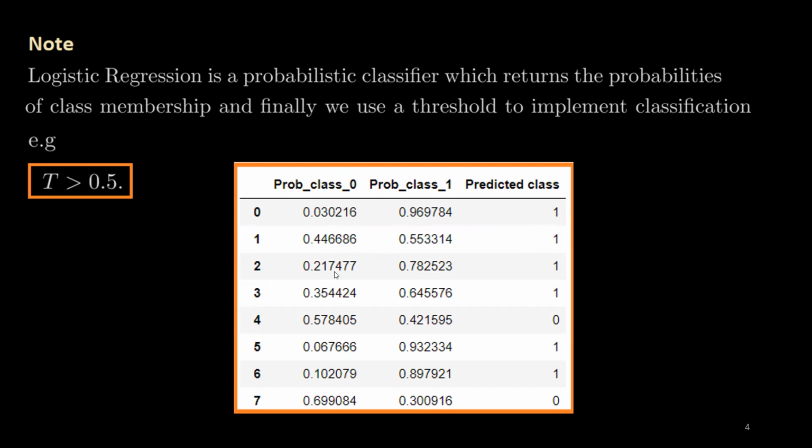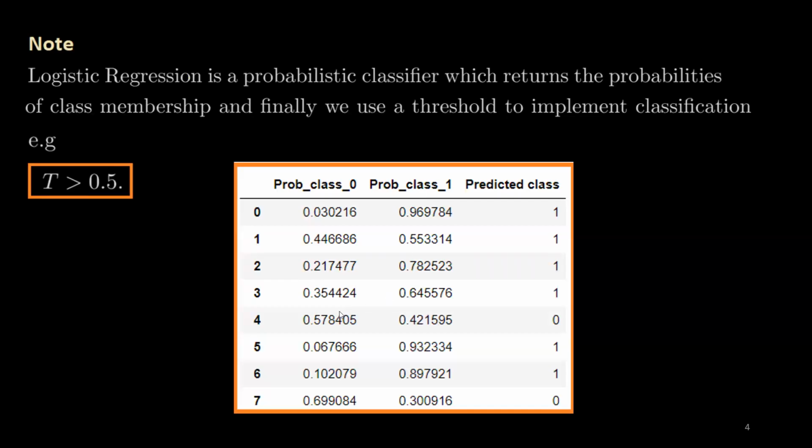In this way, logistic regression will tell us the probability of each sample with respect to the classes. We have two classes and several samples. If I look at sample number 5, whose index is 4, this sample has around a 58% chance of belonging to class 0 and a 42% chance of belonging to class 1.